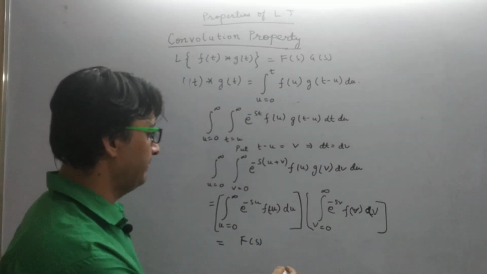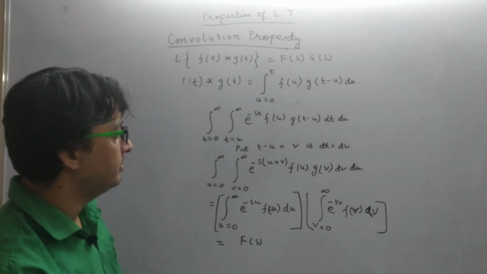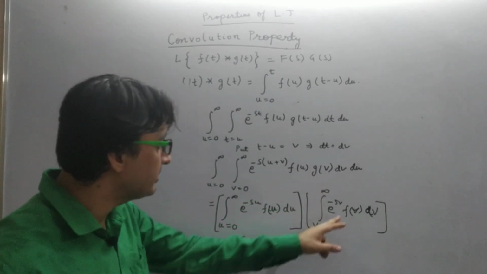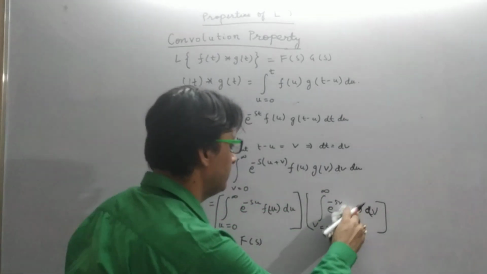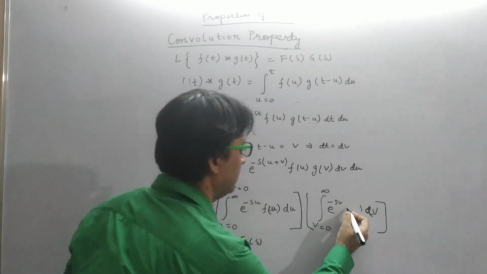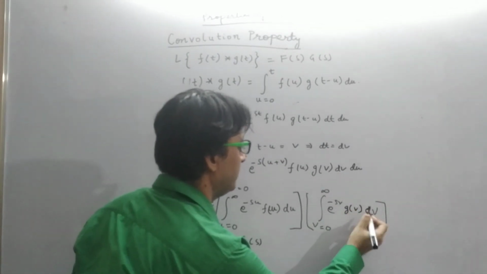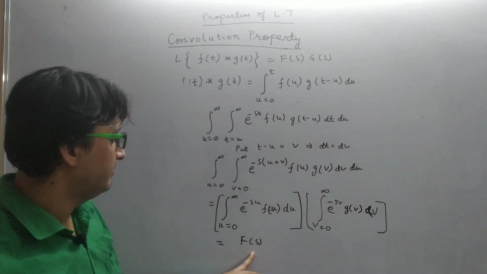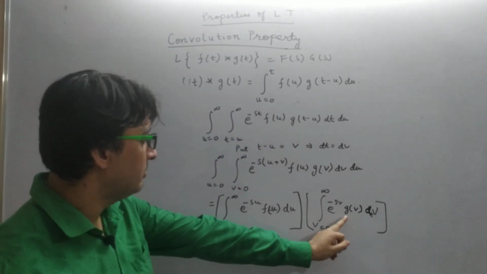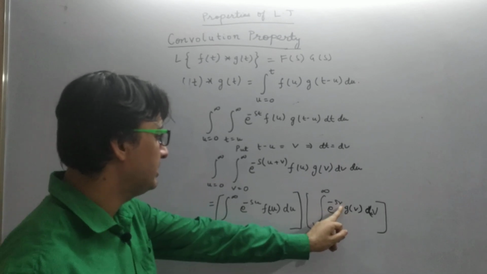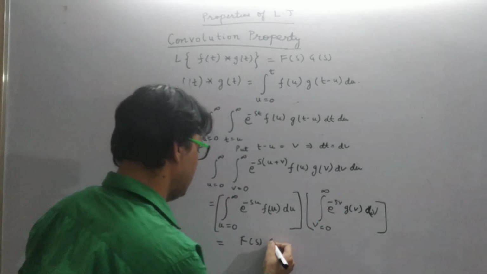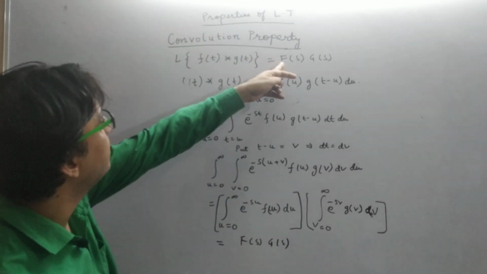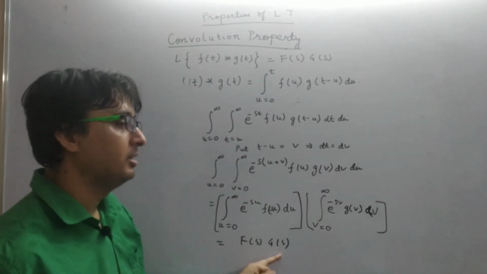So this is f(u), and this is g(v). There is a rectification: this is our g(v) dv. So this is our F(s), and similarly in terms of v this is our G(s). So this was our claim, and this is what we have proved.